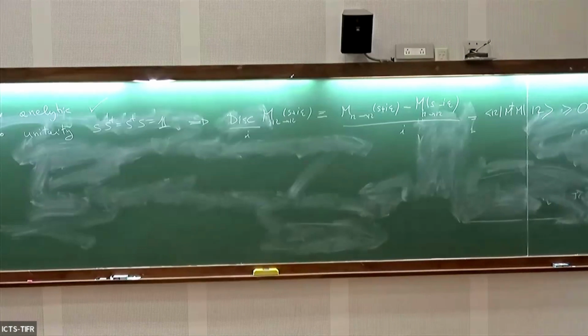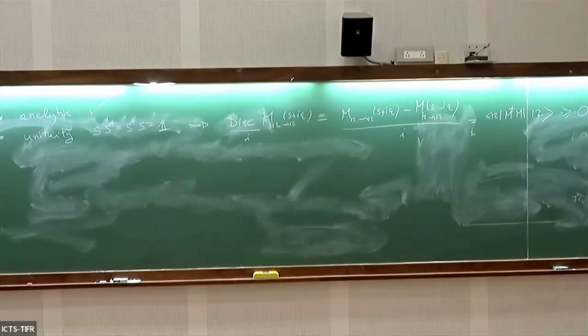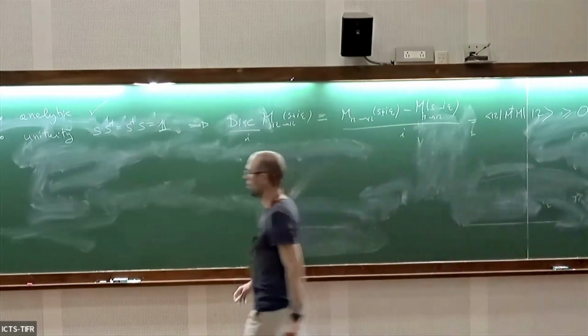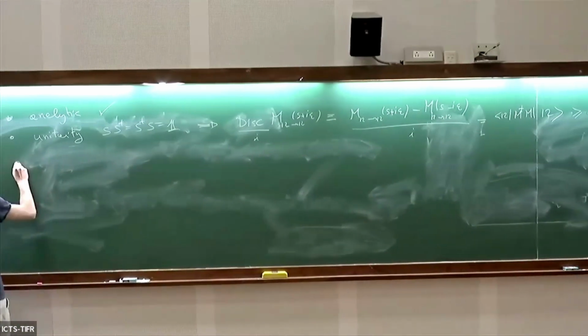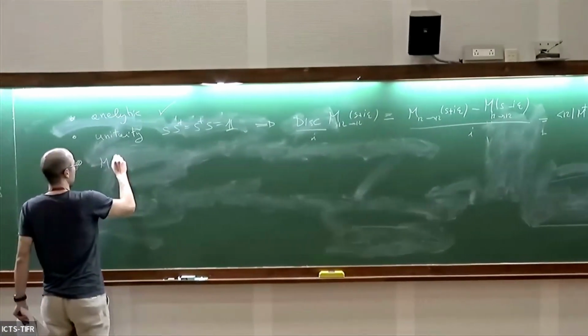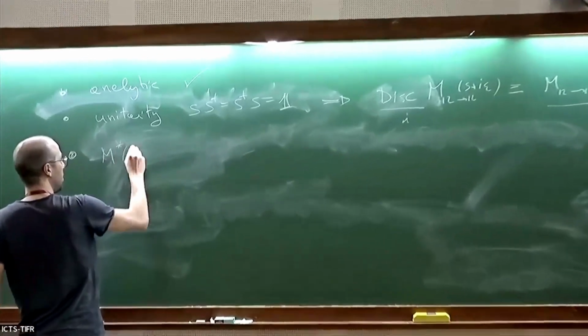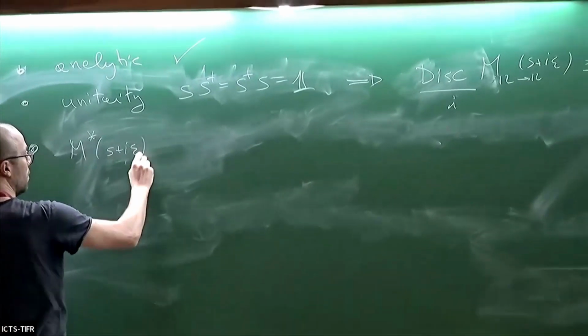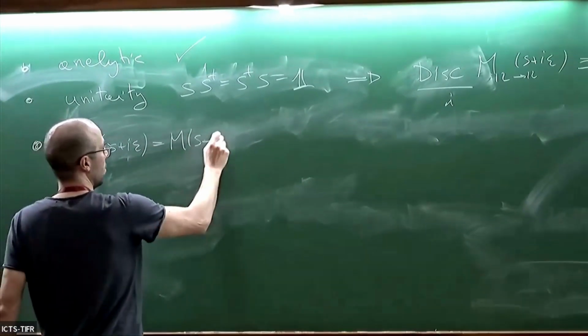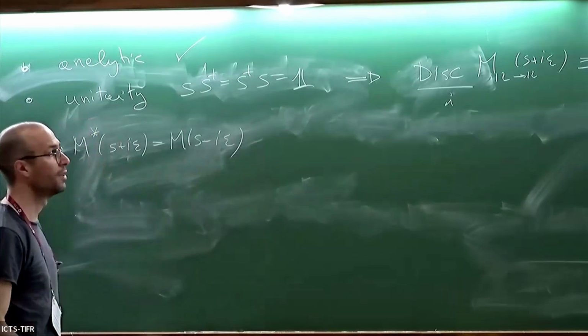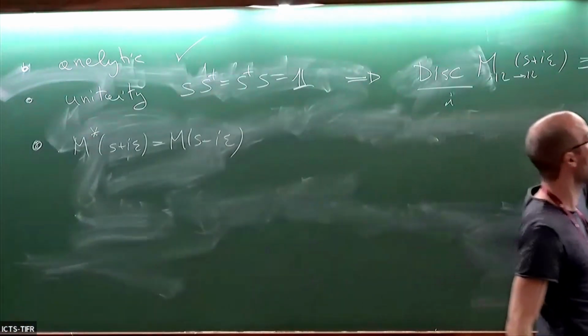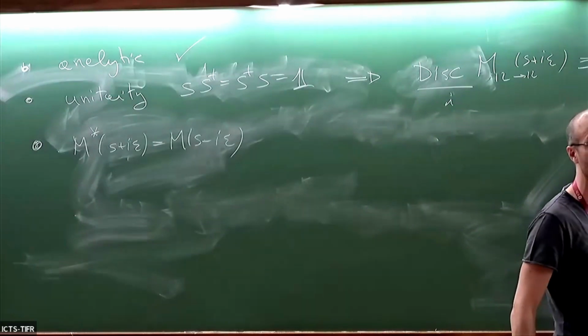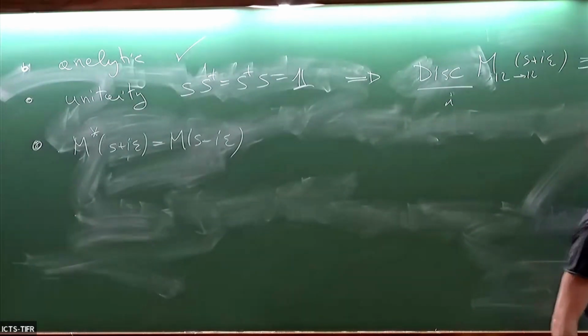This is nothing but the optical theorem, because of the other property we established before: if you have an amplitude and you take the star, you get this. So this was nothing but M minus M star divided by i. So it's just twice the imaginary part. So the imaginary part is positive.